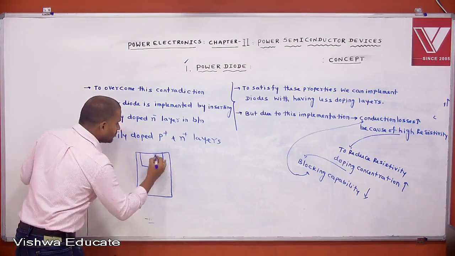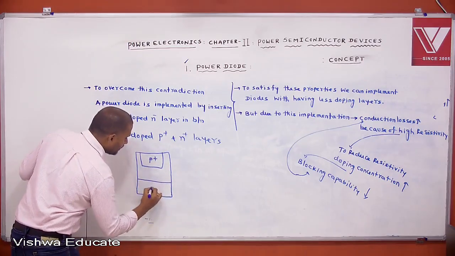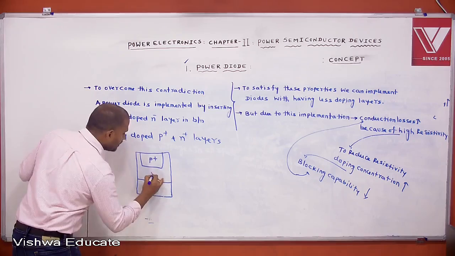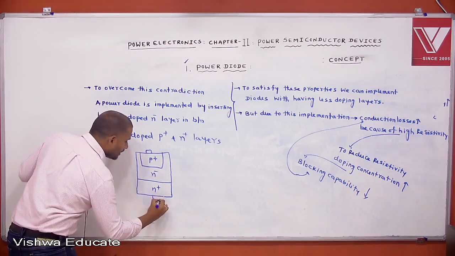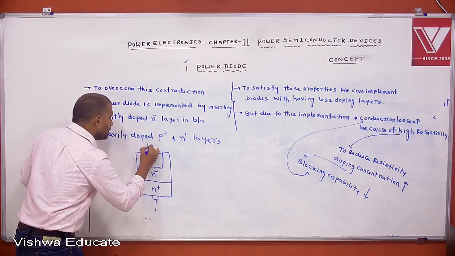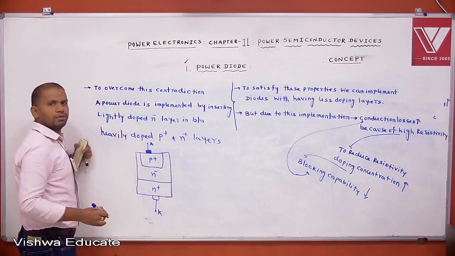This is P plus, this is N plus. In between these two we can place the N minus layer. This is the anode, this is the cathode.